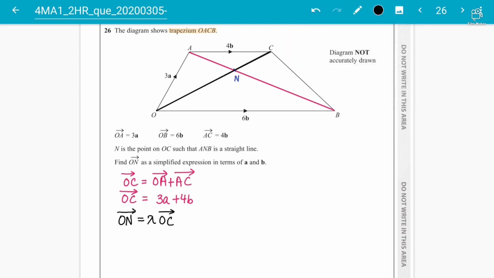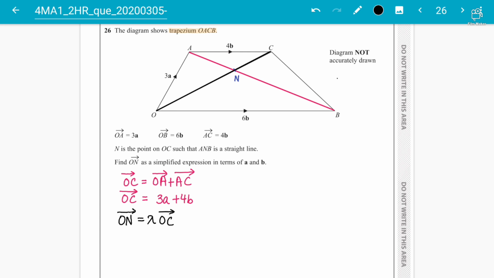And you can also take other letters, it's not that you have to take lambda and mu, you can take s, t, r, anything except for a and b, because that's the constant value. But because of vector conventions, you should be using lambda and mu, so ON will be lambda times OC. So you got one equation from here.